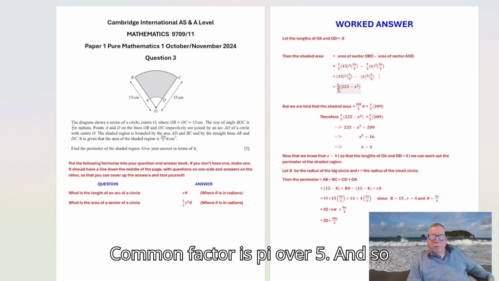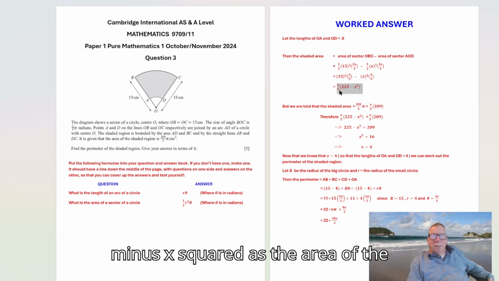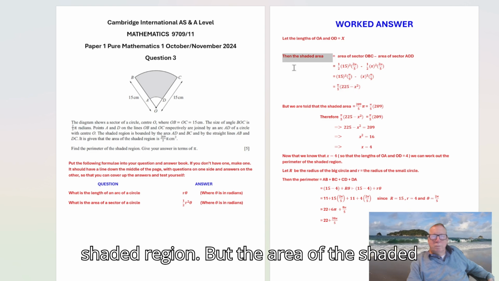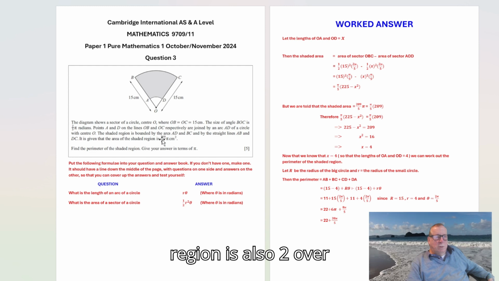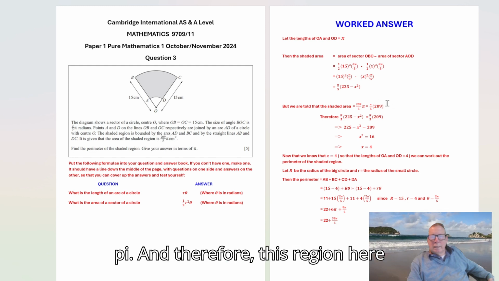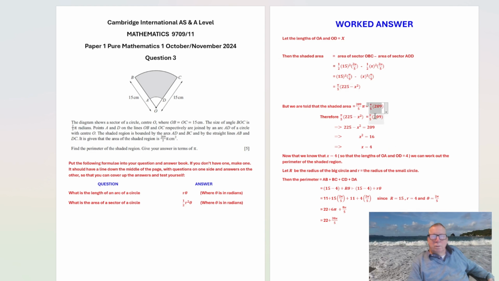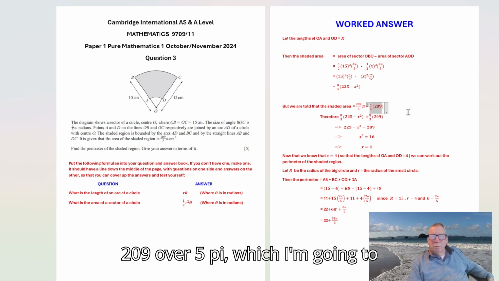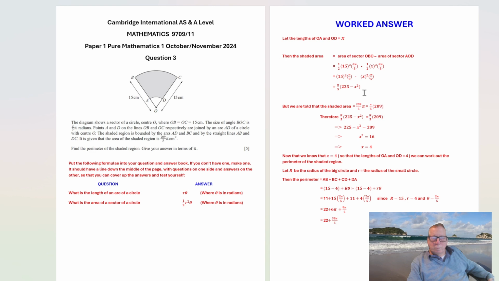Common factor is pi over 5, and so we get pi over 5 brackets 225 minus x squared as the area of the shaded region. But the area of the shaded region is also 209 over 5 pi. And therefore this region here must equal 209 over 5 pi, which I'm going to simplify to pi over 5 times 209.